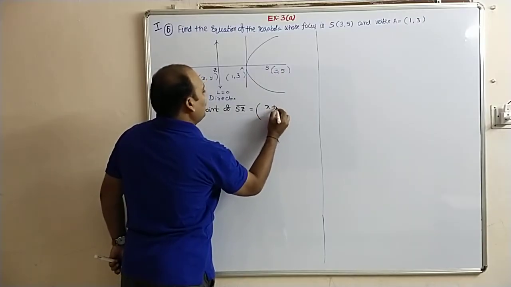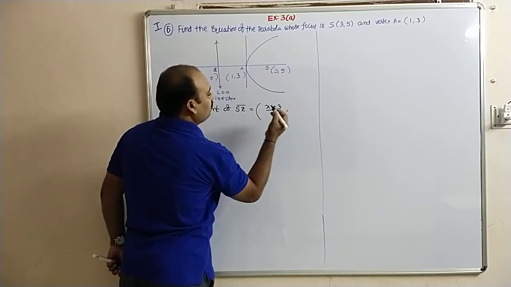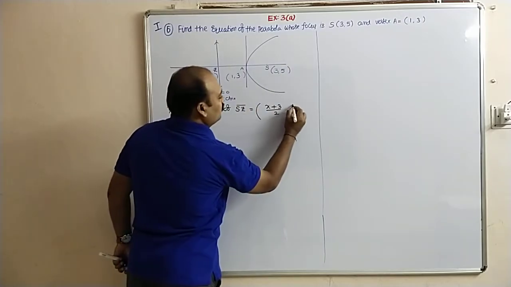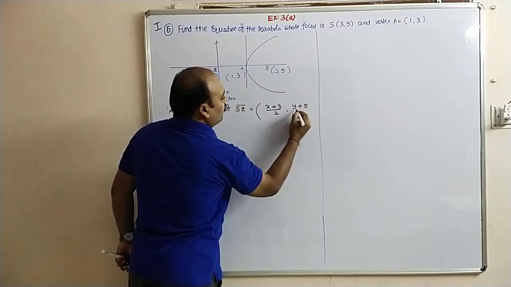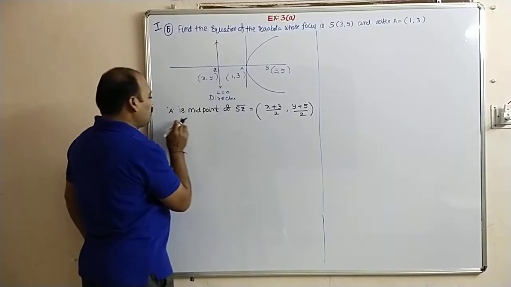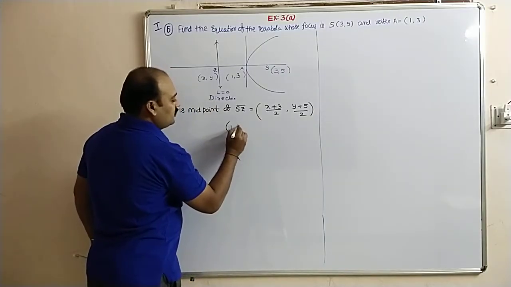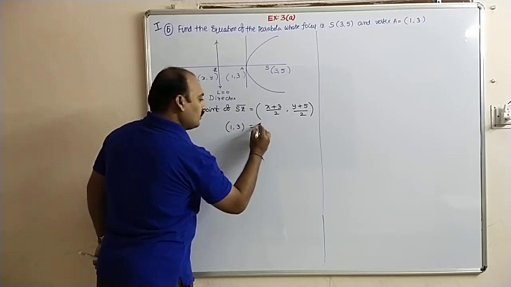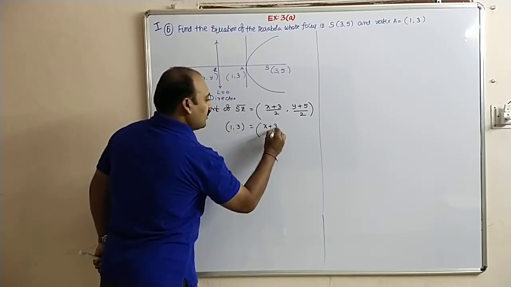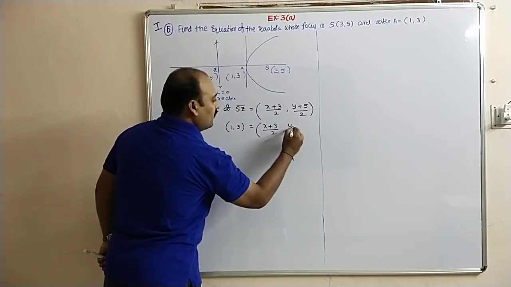So, x plus 3 divided by 2, y plus 5 by 2. This is equal to A. A point means what? 1, 3. So x plus 3 by 2, y plus 5 by 2.